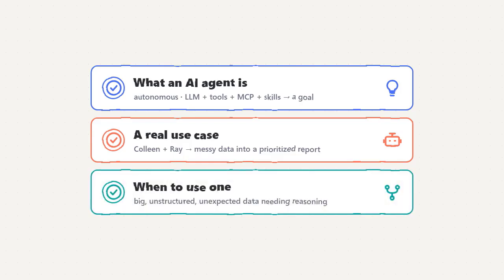And third, we went over when you should actually deploy an agent. The big indicators are when you are dealing with massive sets of unorganized, unstructured, or totally unexpected data, and the fix requires continuous loops of reasoning and iteration that a traditional programmatic approach can't give you.